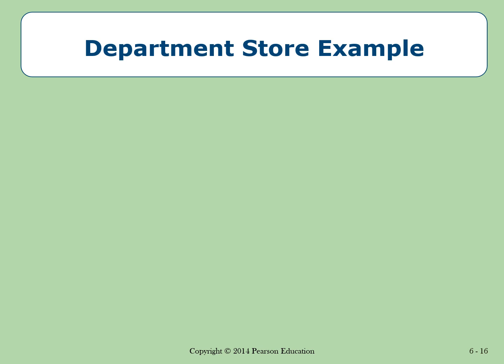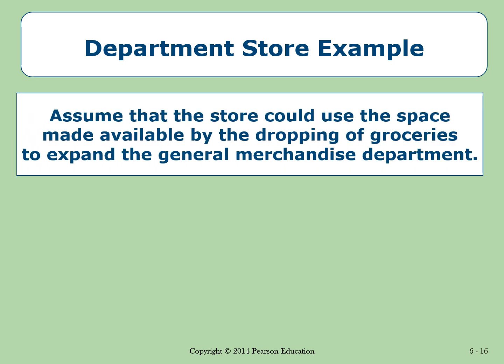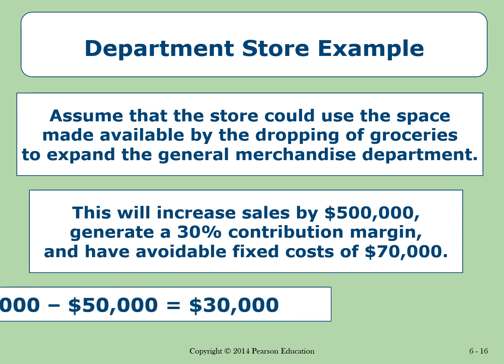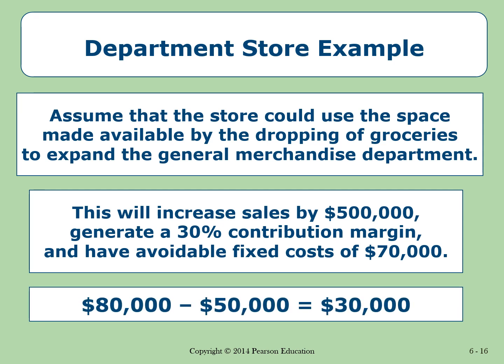So when we head to that analysis, we will find that we have a choice of increasing sales by using this unavoidable fixed cost by $500,000, generating a 30% contribution margin. So we have to think about this percentage.